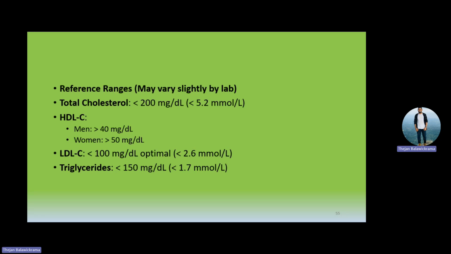Triglycerides should be less than 150. These are the reference ranges. When we do the test, our values should be within these ranges for us to consider that we are healthy.